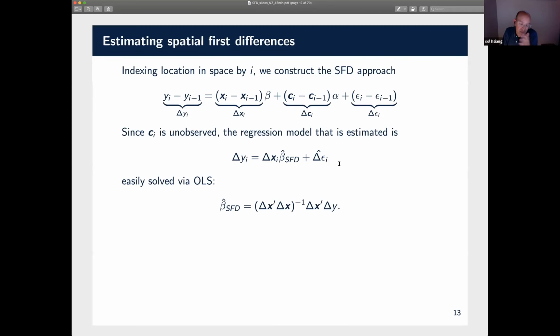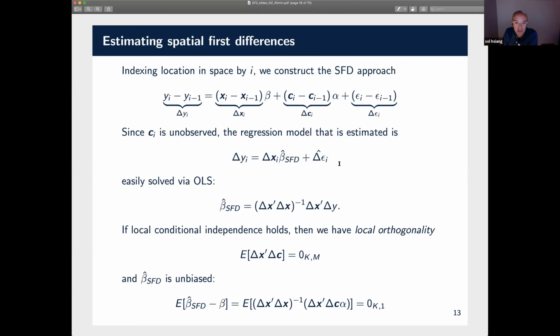In the OLS setup, it's actually very easy to write down exactly what the estimator is. And in that context, you end up with a condition here for unbiasedness, which we call a local orthogonality condition. In the OLS setup, it turns out this is actually the identifying assumption. If we believe that neighbors are comparable, then this is necessarily true.